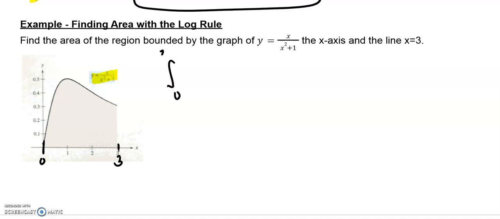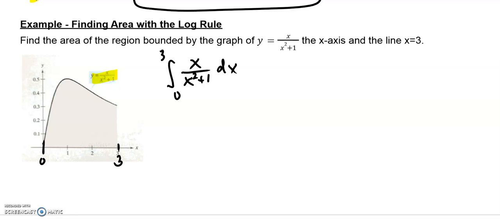So from 0 to 3, and then our function is x over x squared plus 1. And we can't really integrate that as it is, so we have to use u substitution. So figure out what your u would be, set it up, integrate, and then come back to the video.